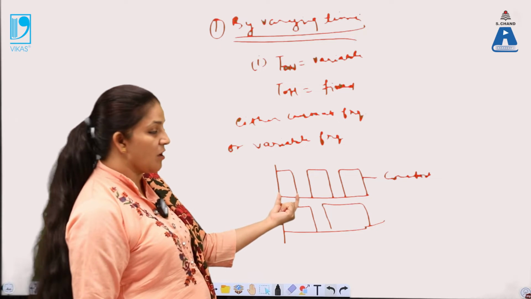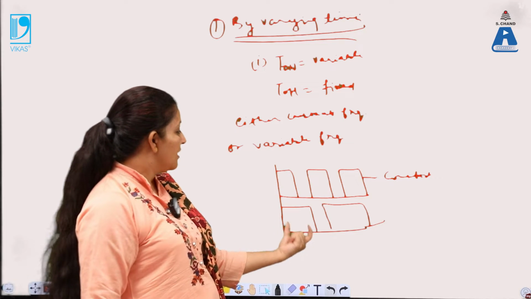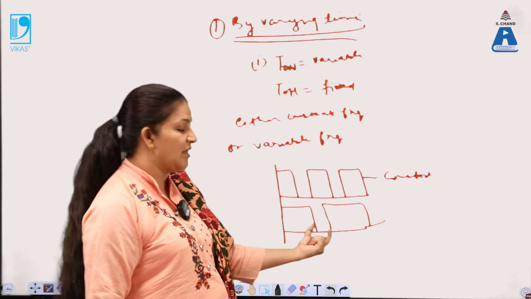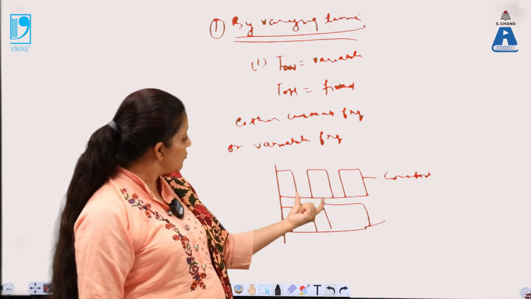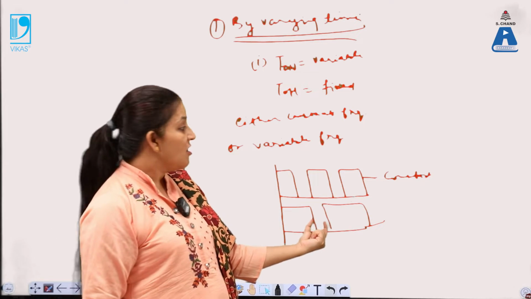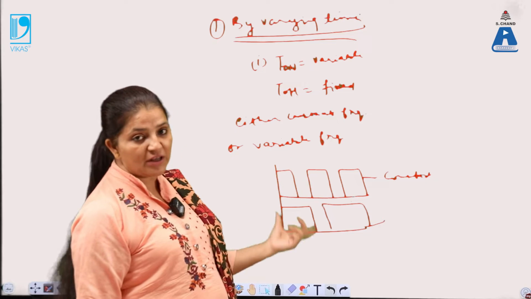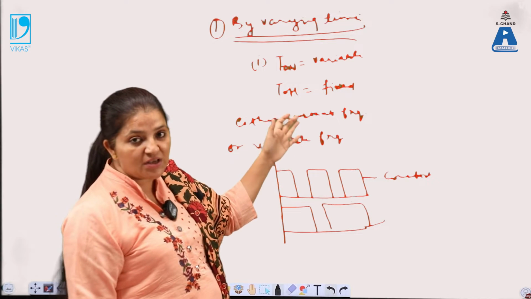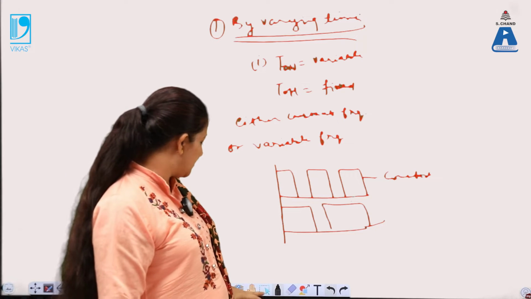Here the T on is smaller. This is for the constant frequency, and this is for the variable frequency. In both cases this T off is fixed while the T on is variable. So this is the main difference between the constant frequency and the variable frequency.